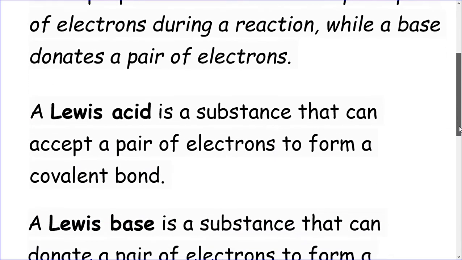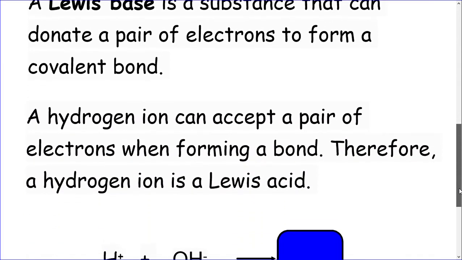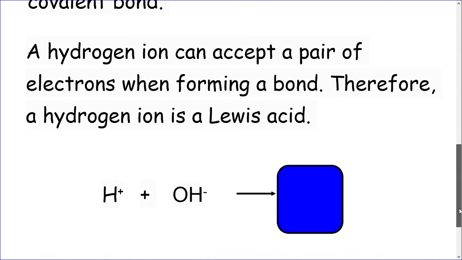So a Lewis acid is a substance that can accept a pair of electrons to form a covalent bond, whereas a Lewis base is a substance that can donate a pair of electrons to form a covalent bond. So acids, again in this case, accept electrons, bases donate electrons. A hydrogen ion can accept a pair of electrons when it makes a bond, so the hydrogen ion that we have here would be our Lewis acid.